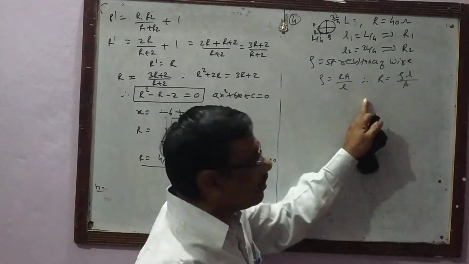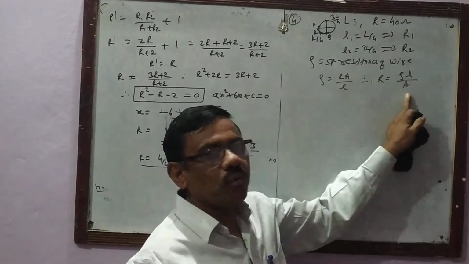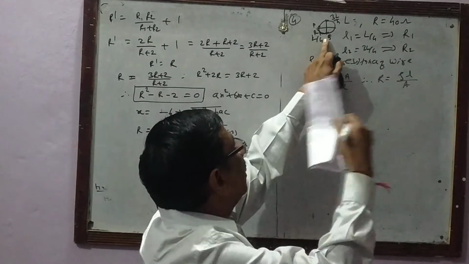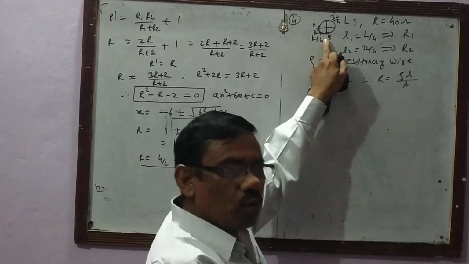Since the wire is the same, rho and A both are the same because they are made of the same material and the same loop.